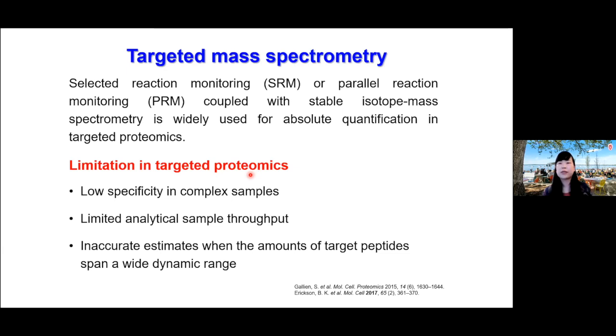One of the gold standards to validate these candidate biomarkers is obviously targeted proteomics using either SRM or PRM experiments. However, there are still some limitations with this type of experiment: low specificity in complex samples, but more importantly, limited analytical sample throughput, and less accurate estimates when the amount of target peptides spans a wide dynamic range, which is commonly the case for biofluids.